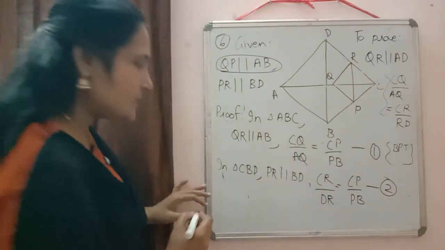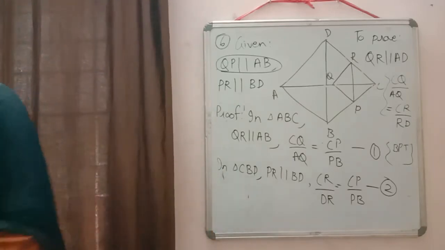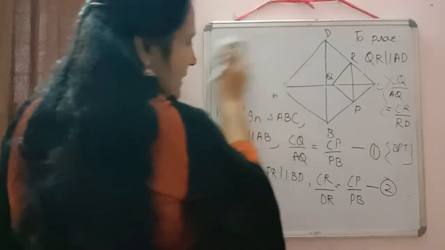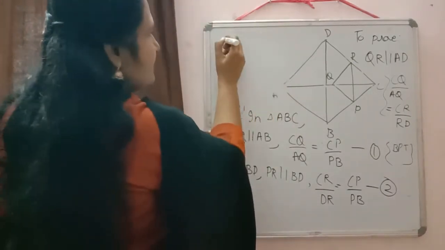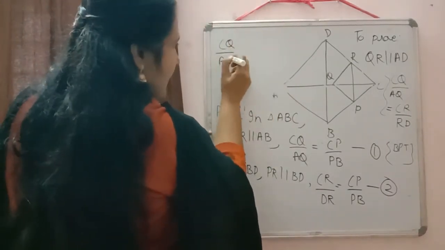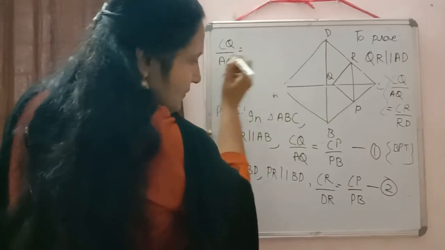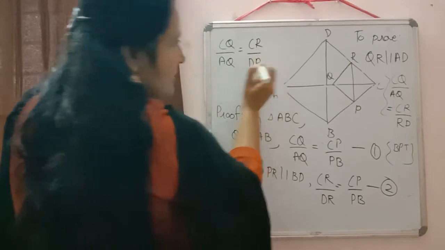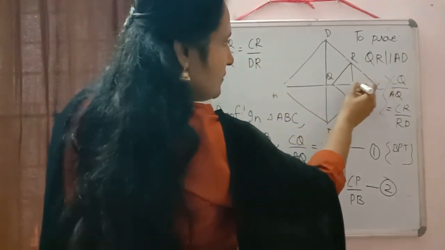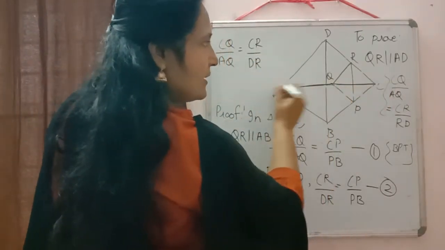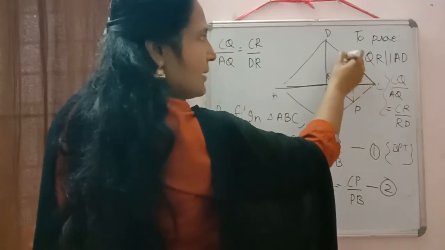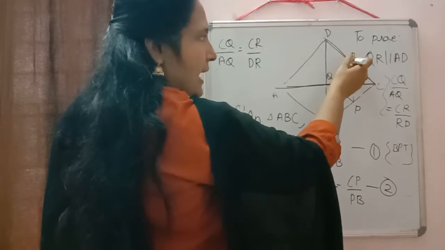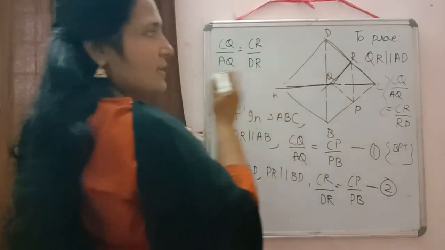So from equations 1 and 2, we get CQ by AQ is equal to CR by DR. If the ratios are equal, the line will be parallel to the third side.